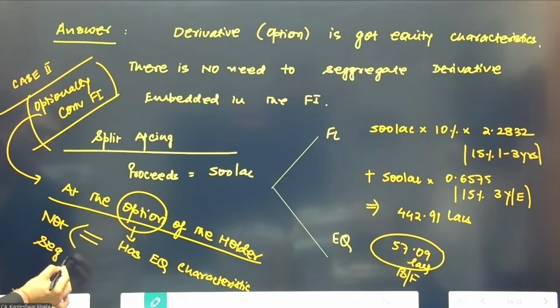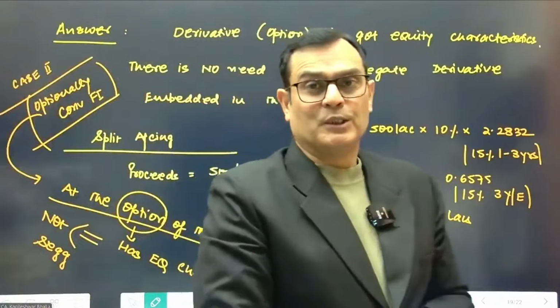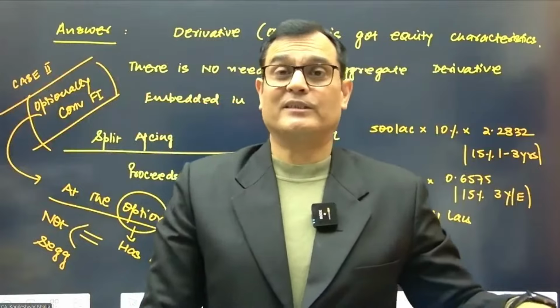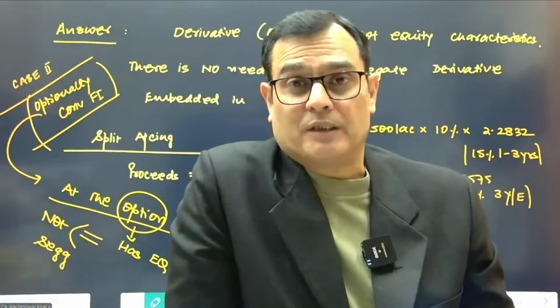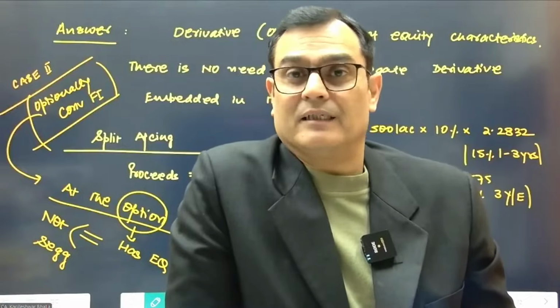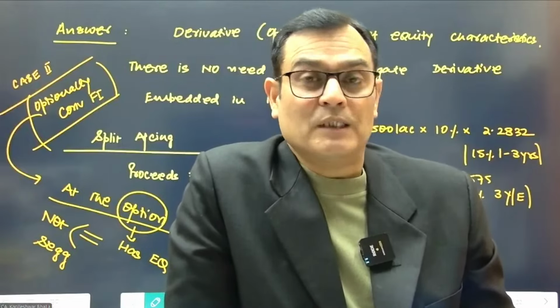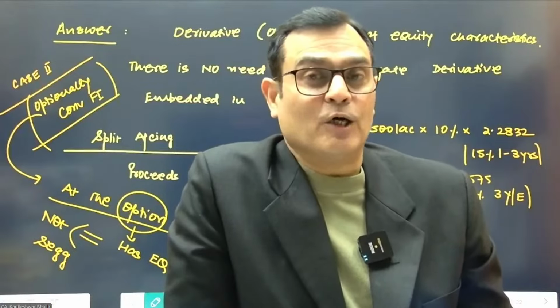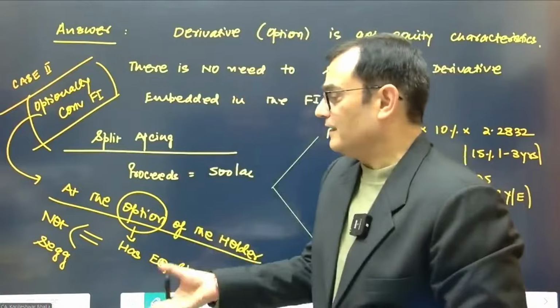Now you'll start asking more in life. So why don't you do a question where the CFI has an equity, where it's got a derivative, it is financial liability in nature? How would you do that? There is no question available, I guess, on that. In most of the questions where there is an option to convert, the option to convert becomes equity in nature and it doesn't get segregated.